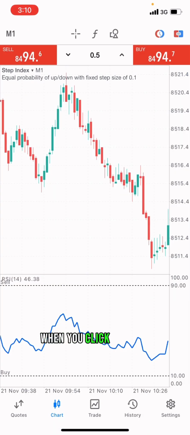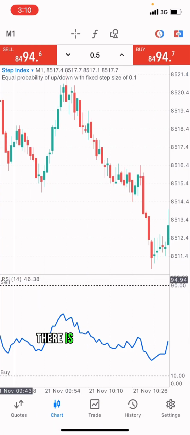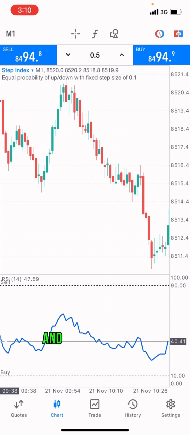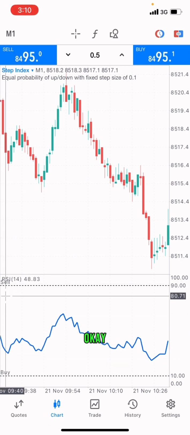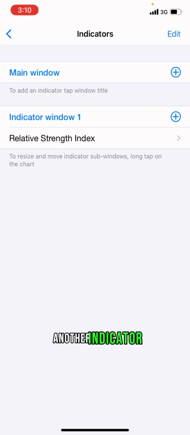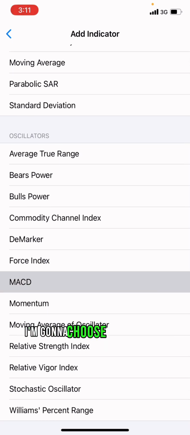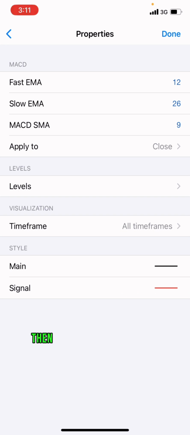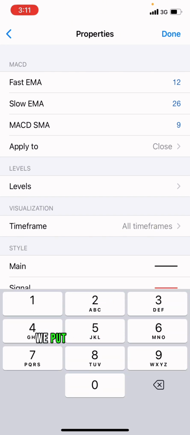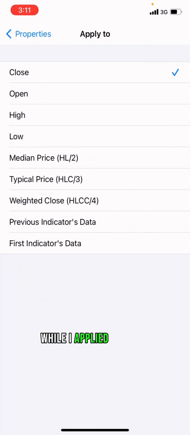Okay, then when you click on done, you can already see right here there's a sell and there's a buy. Then we're going to put on another indicator, which is the MACD. I'm going to put it on indicator window 1. I'm going to choose the MACD right here. Then you can see right here we'll put 12 on the fast EMA, the slow EMA I put on 26, and the MACD SMA I put on 9 while I apply to close.